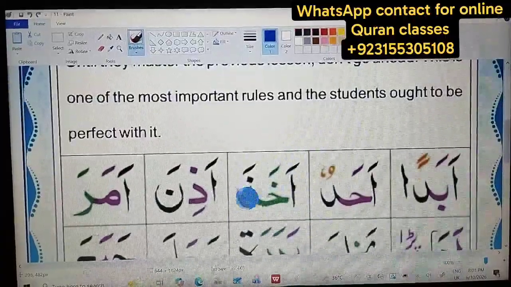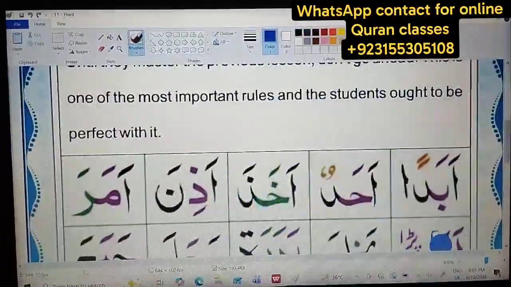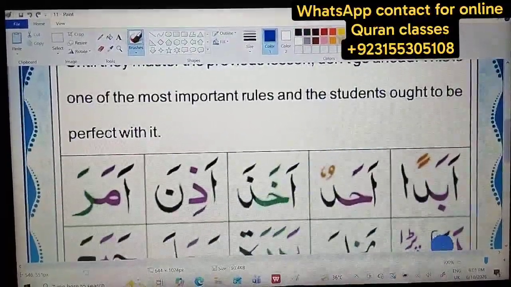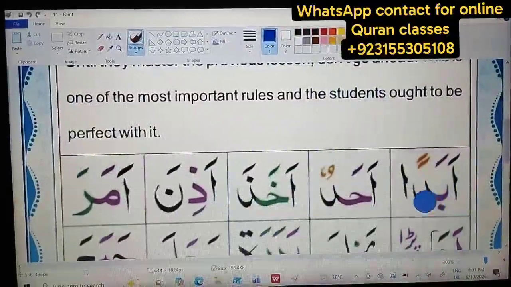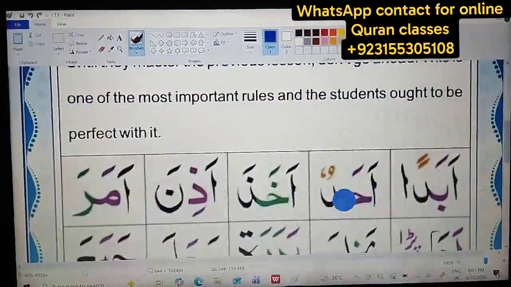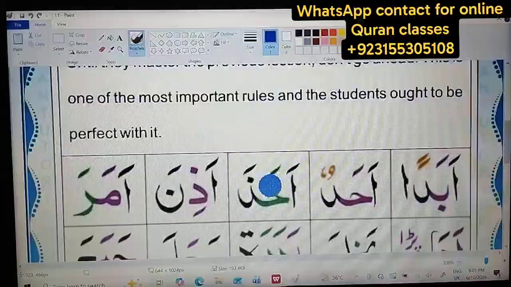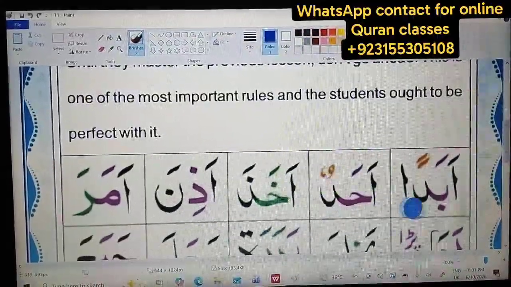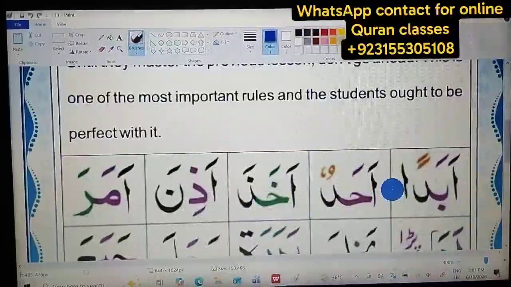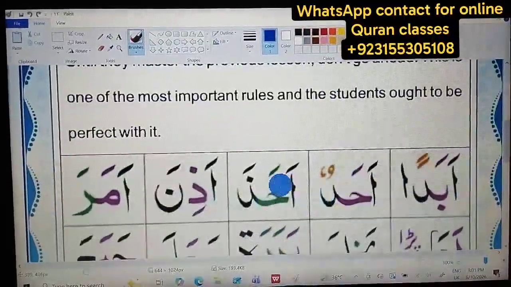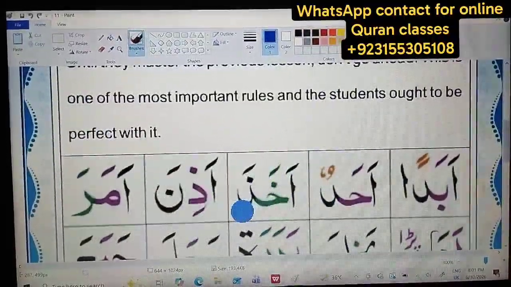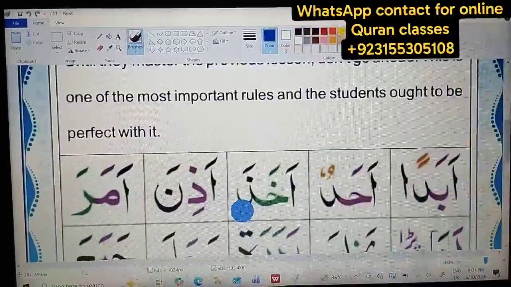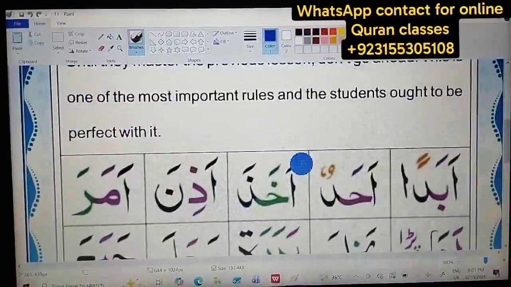Now we repeat the three from the start of the lesson without spelling: abadan, ahadun, akhadha. Now if we stop on the last letter, we read abada, ahad, akhadh.